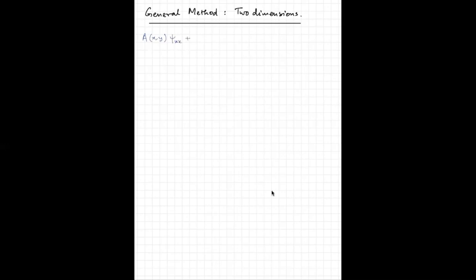Two of these things downstairs means it's just del 2 psi del x2, plus twice b of x,y psi xy, plus c of x,y psi yy. Again, c is also a function of x and y.